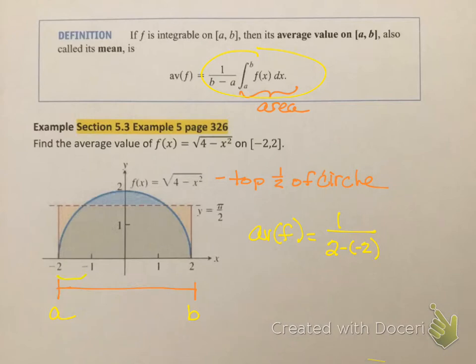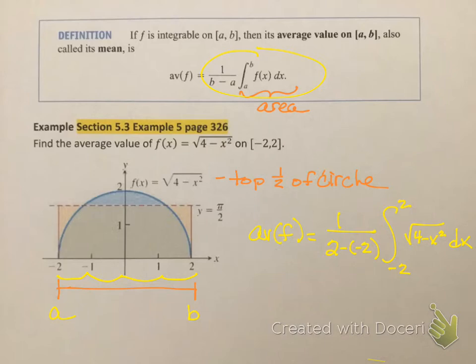Well, look, we can count 1, 2, 3, 4 units away. So yes, I'm going to be dividing by 4 or multiplying by 1/4. I am taking the integral from -2 to 2. And my function is the square root of 4 minus x squared. Don't forget your variable of integration, which would be dx.